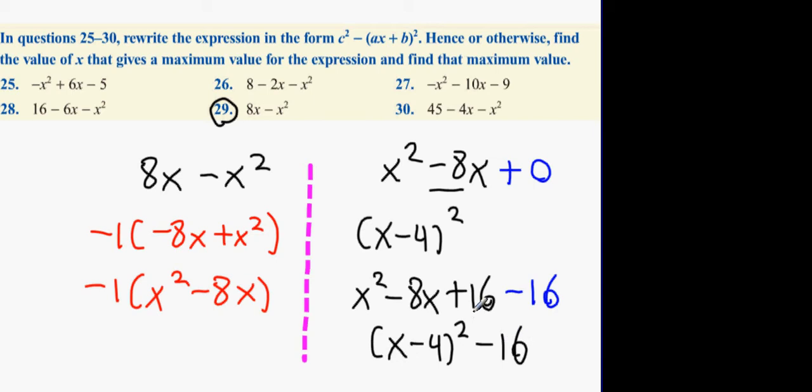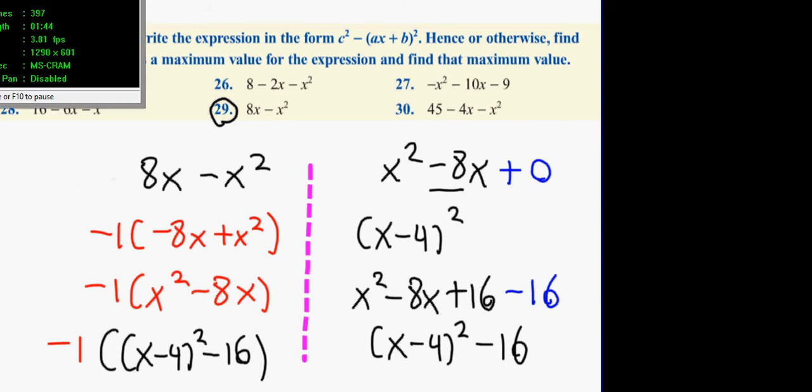Go over to the other side and now put in these values. Minus 1 bracket, x minus 4 squared minus 16.